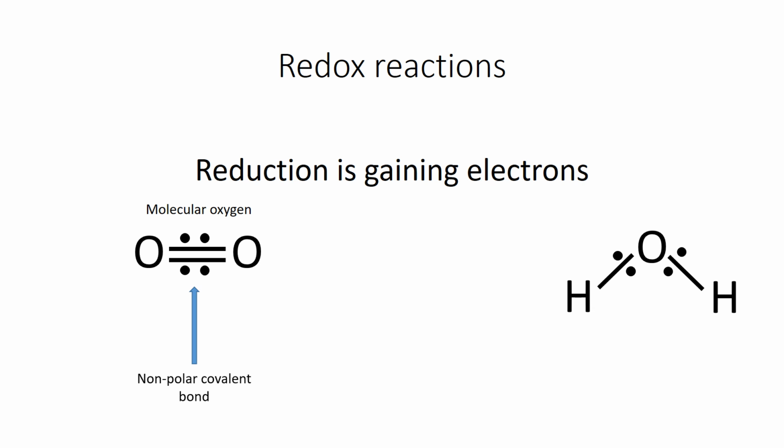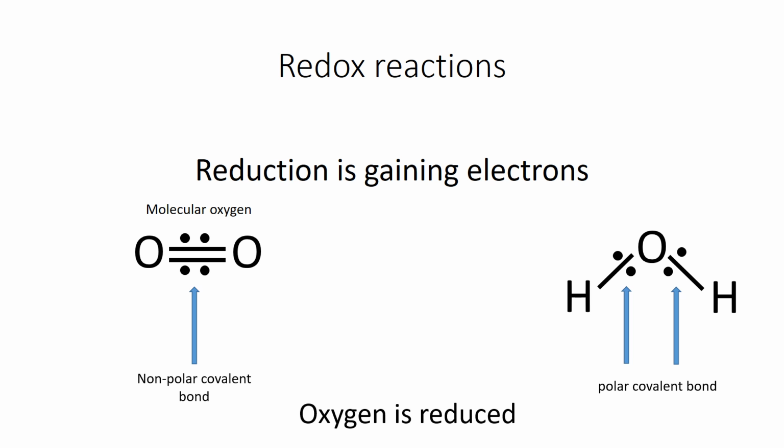Then during cellular respiration, those bonds are broken and then they form new bonds with the hydrogen. In this case, they're forming polar covalent bonds. And of course, they're also forming polar covalent bonds with the carbon in carbon dioxide. As a result, the oxygen is now being reduced because it is gaining electrons.